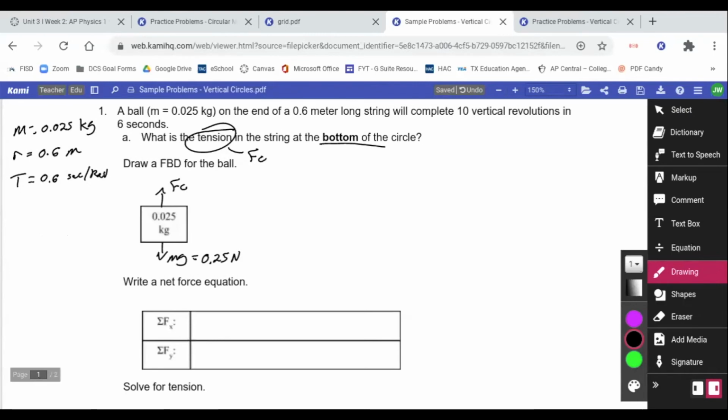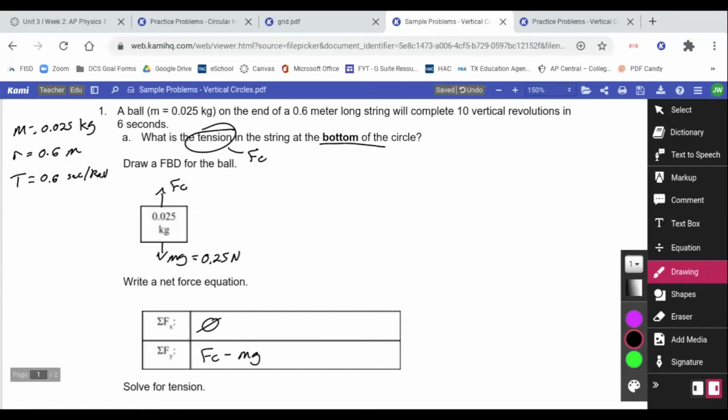It's stepping us through to solve for tension. I don't have any forces to the side in my diagram, so no net force in the horizontal. In the vertical, it is FC minus mg.